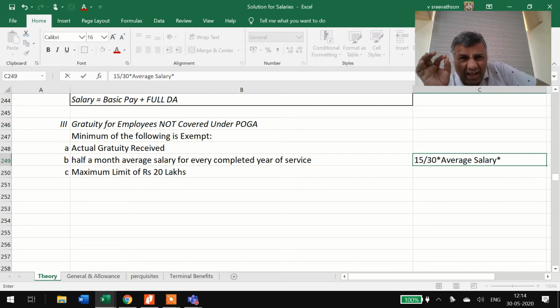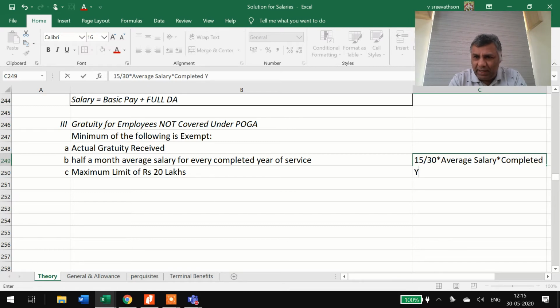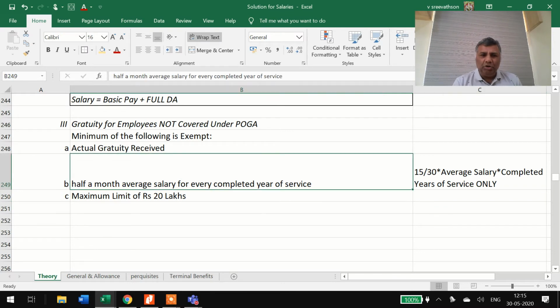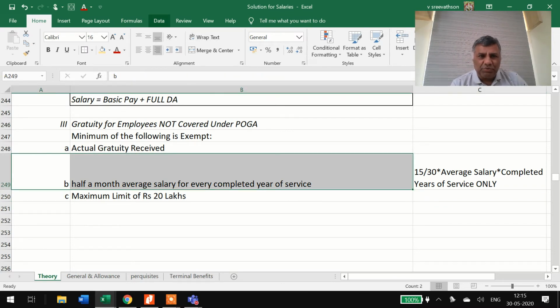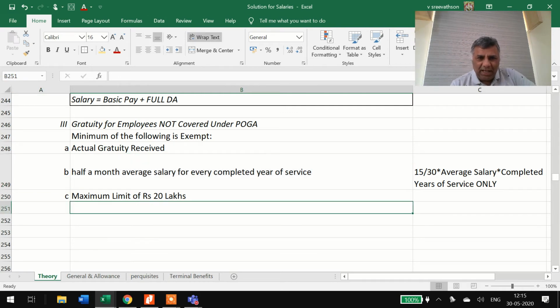Half a month average salary for every completed year, and the round off provision is not there, or part thereof in excess of 6 months is not there. So only completed year. Even if I complete 15 years, 11 months, 15 days, I can only take 15 years. Only completed years can be taken. 15 by 30 into average salary into completed years of service only.